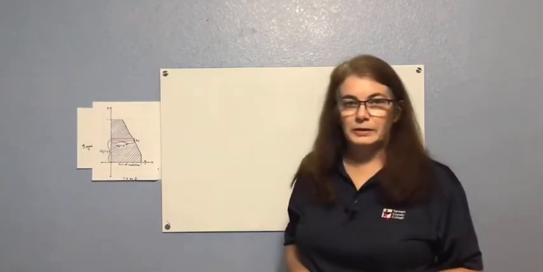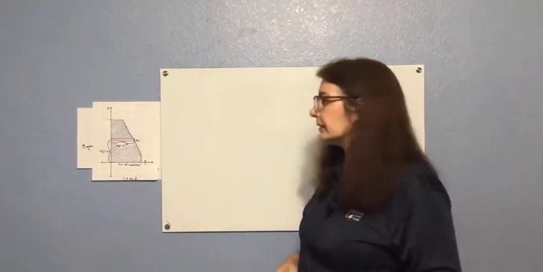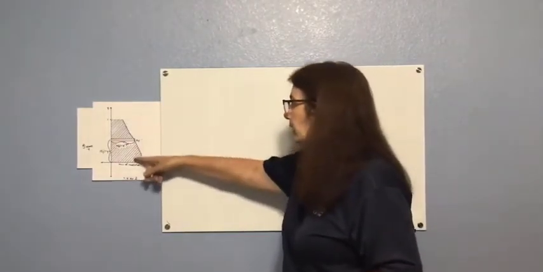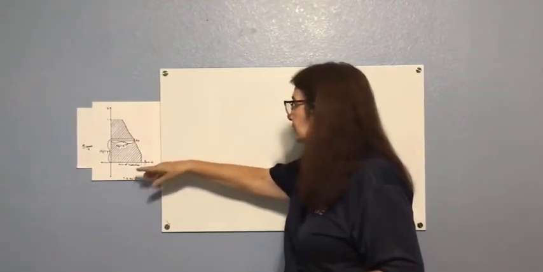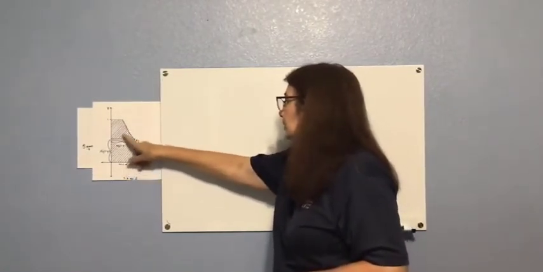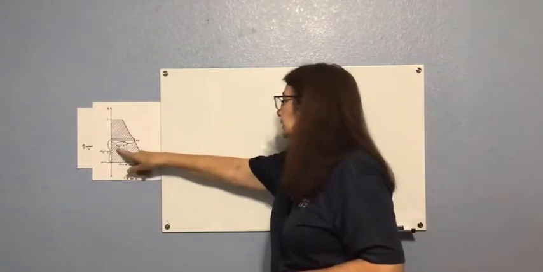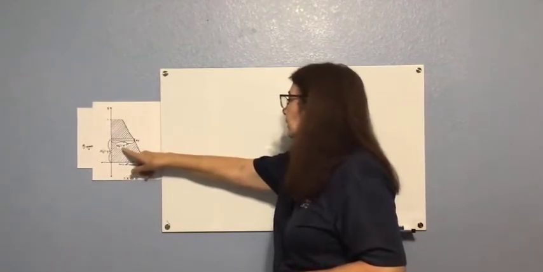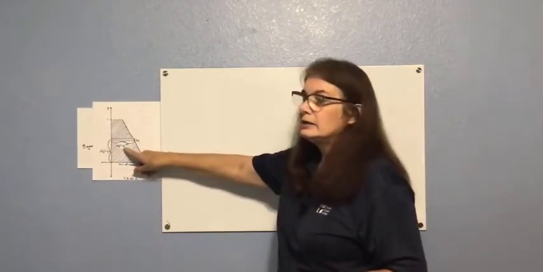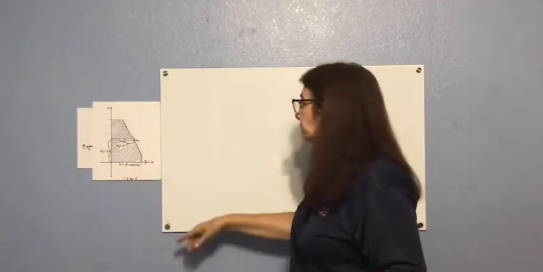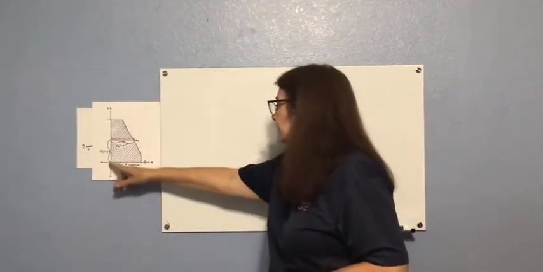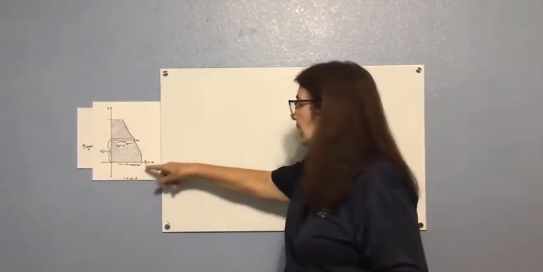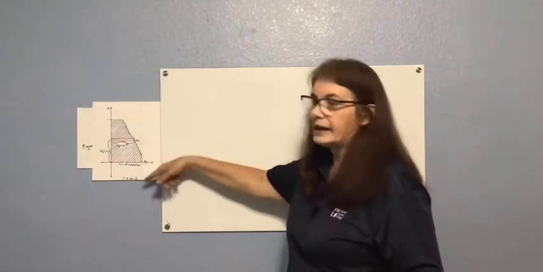Okay, let's work another problem using the shell method. In this problem we have this shape, and the equation for this curve is h of y equals e to the negative y squared. We're evaluating from 0 to 1, and we're rotating around the x-axis this time.